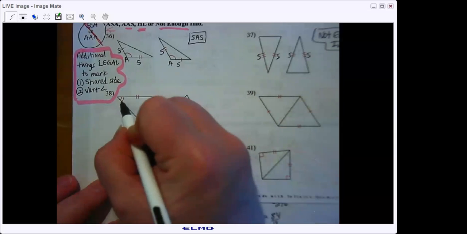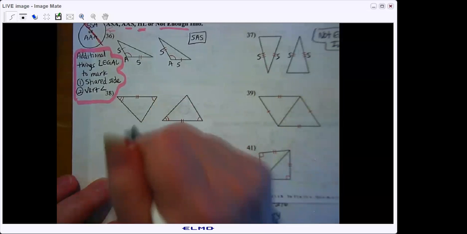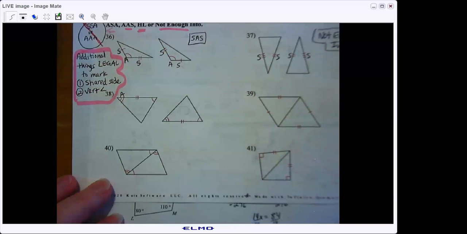Okay. So we're going to mark the type of things that we see. So an arc mark, the rounded ones that are in the corners, those are angles. If they're in a corner, it's an angle. If it's along the side, it's a side. No surprise. And then this one's in a corner, that's an angle.